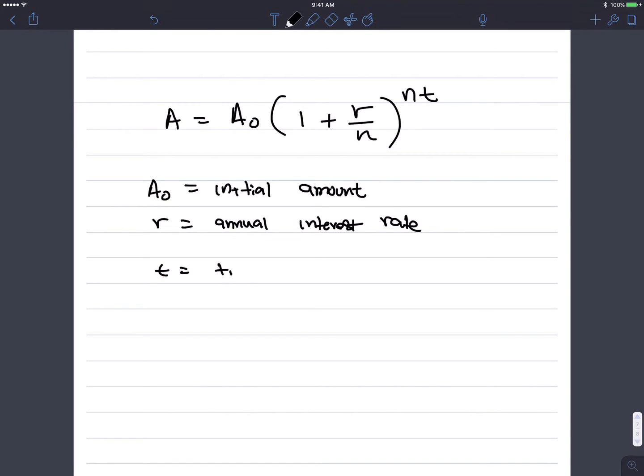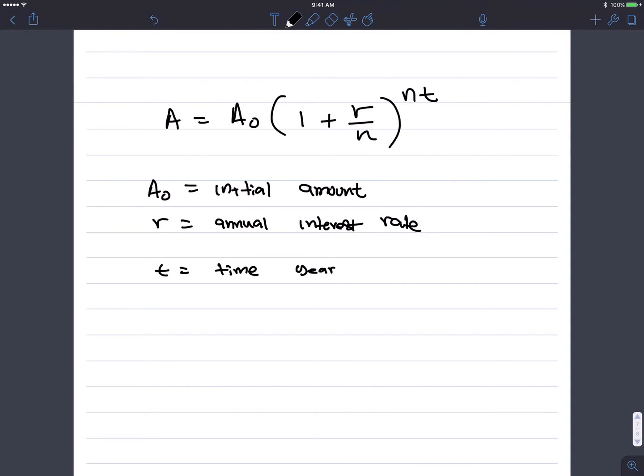T, that's the time you forget about your money. You allow your money to grow. So when you make your deposit, you're supposed to forget about it until you retire, and hopefully that's a long time. So that's your T value. T is measured very often in years, because you have an interest rate that's also measured as an annual interest rate.